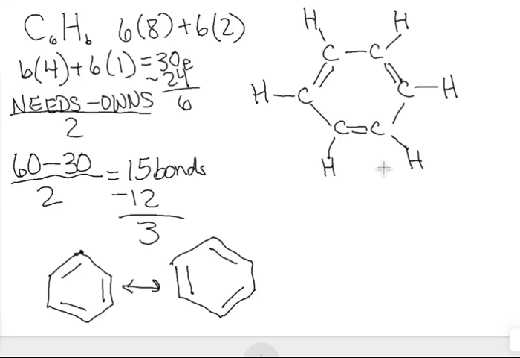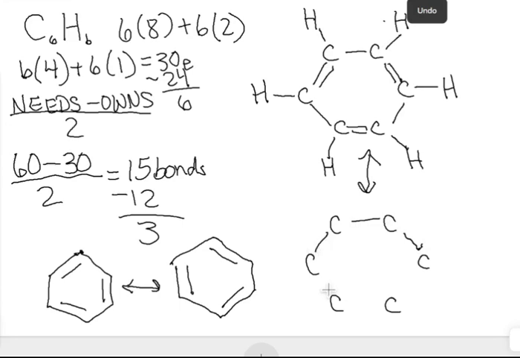And the reality is, when you take measurements on this particular molecule, it's going to have bond lengths that are all equal, bond angles that are all equal, meaning that the real structure is somewhere between these two.